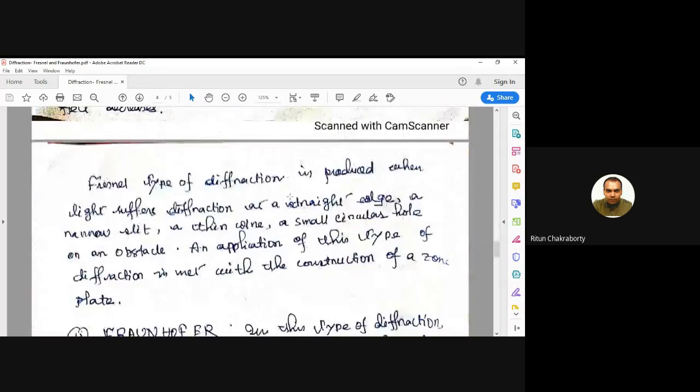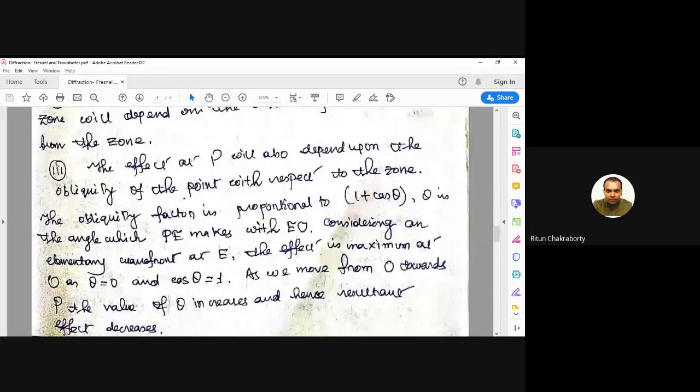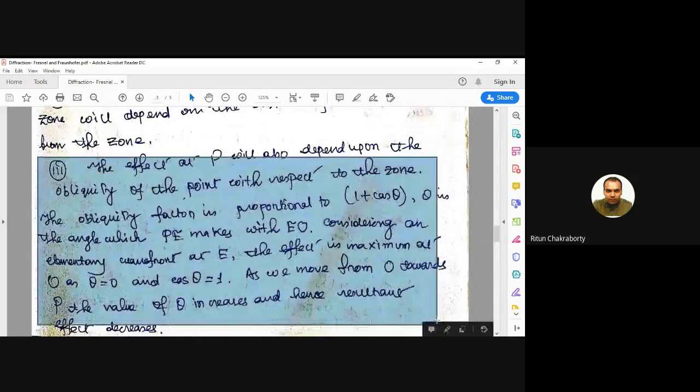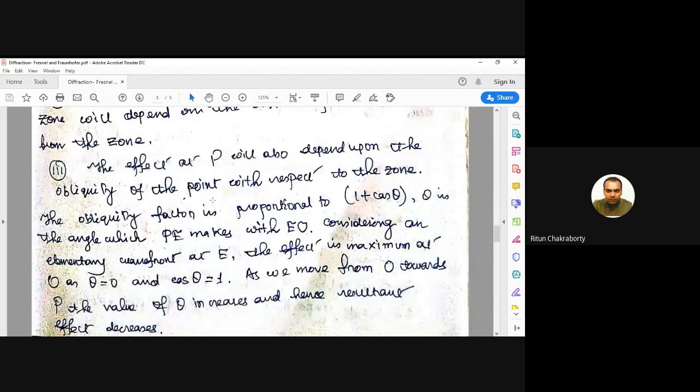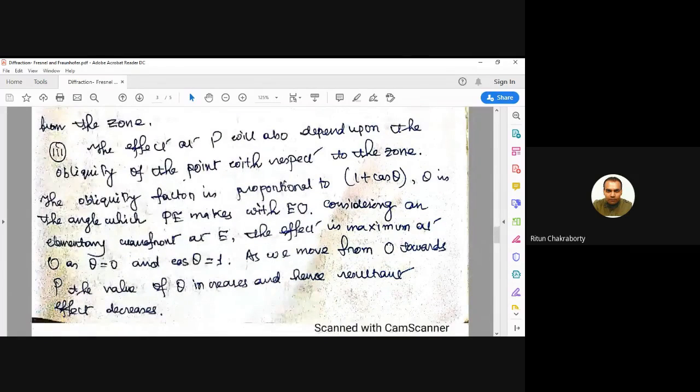And there are some more descriptions from the figure given here. The effect at P will also depend on the obliquity of the point with respect to the zone. The obliquity factor is proportional to 1 plus cos theta. Obliquity means how much angle it makes.